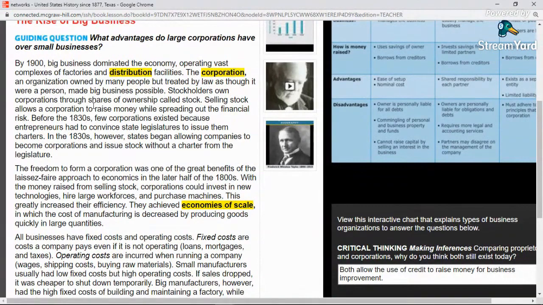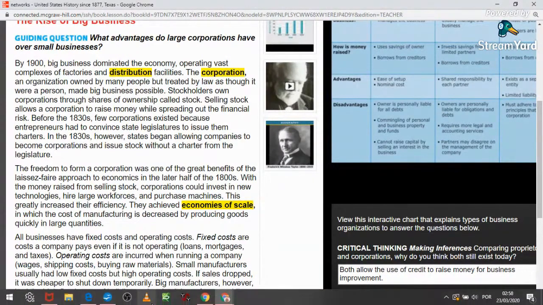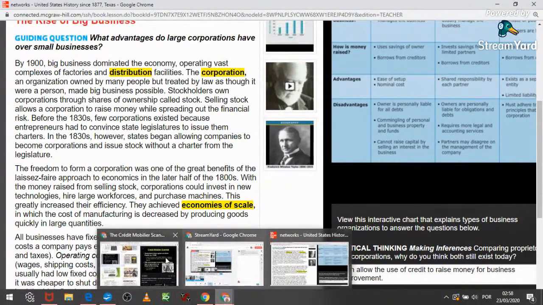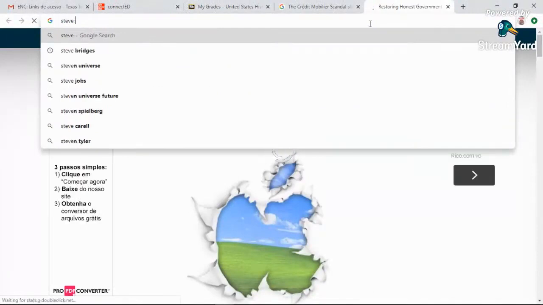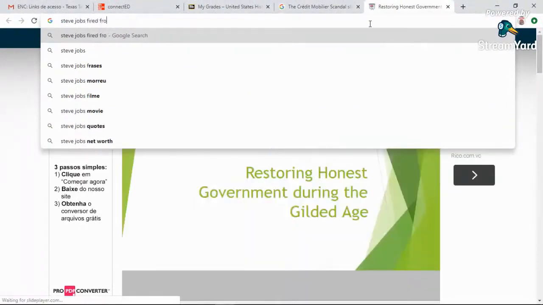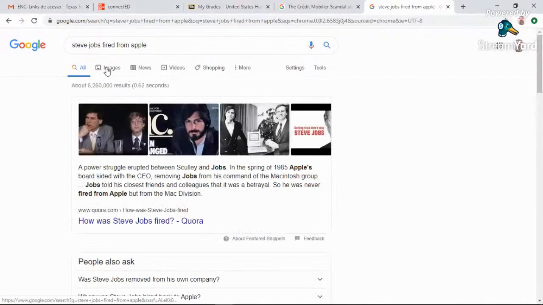But he's really not the only controller of this company. There are many other people that are controlling this company. In fact, everybody loves Steve Jobs, right? But at one point, Steve Jobs was fired from Apple.